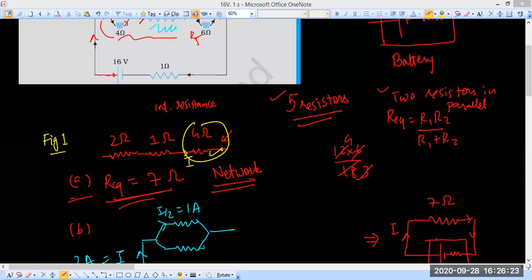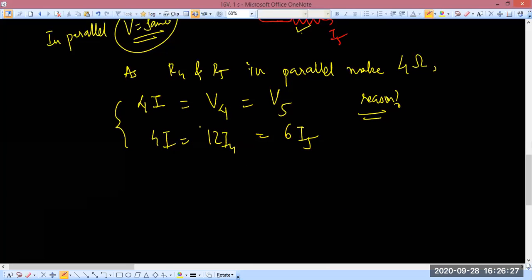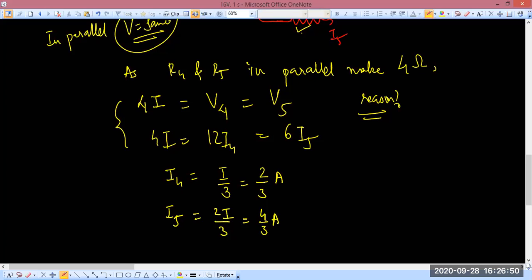Okay. So now if we use that here, we already know what's the value of I, right? So we can find I4 easily. I4 is going to be I by 3, which is going to be 2 by 3 ampere. And I5 is going to be 2I by 3, which is going to be 4 by 3 ampere, right?